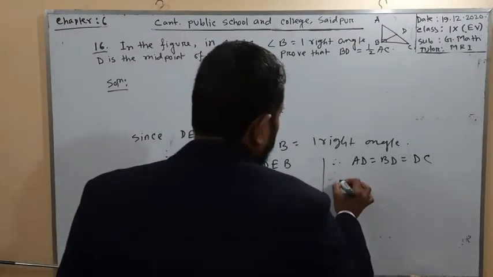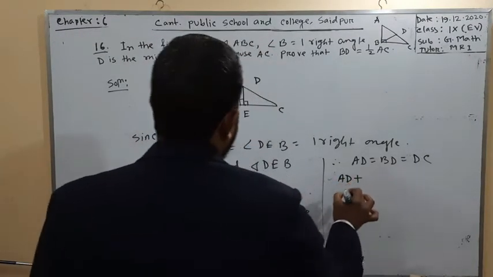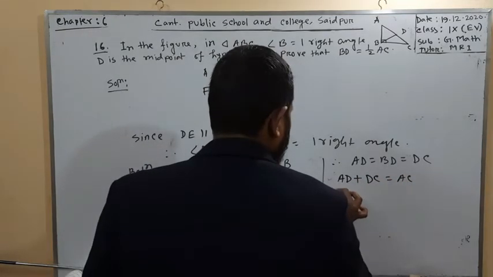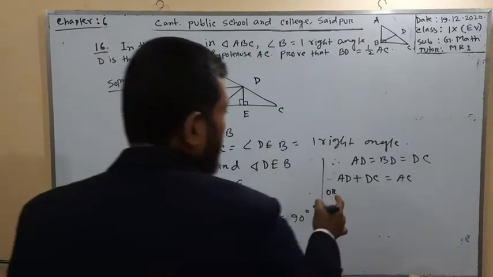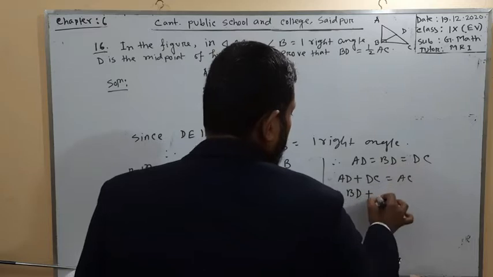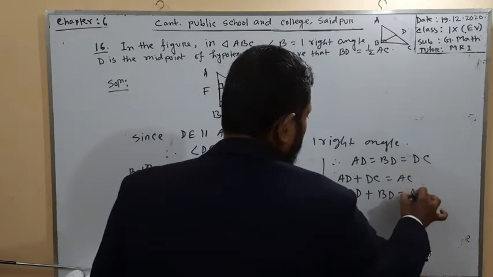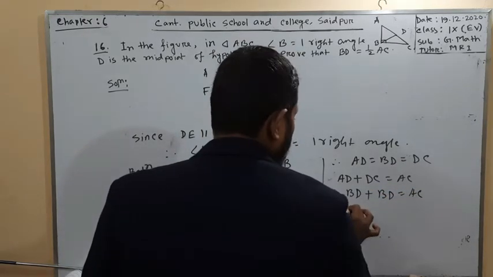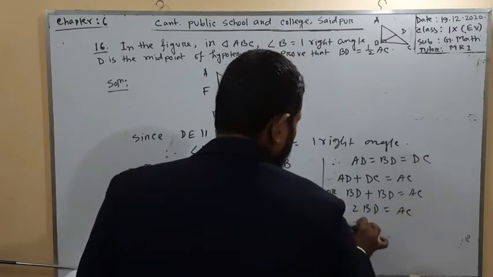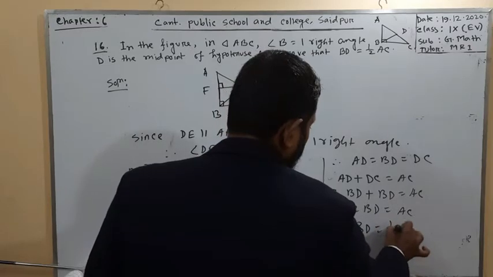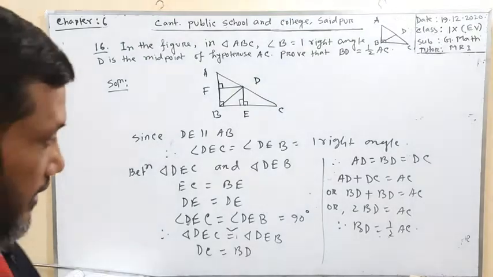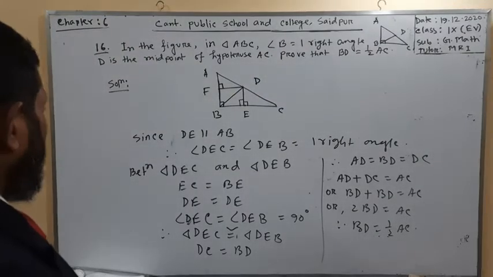We know AD plus DC is equal to AC. Here AD is equal to BD and DC is equal to BD, or 2BD is equal to AC. Therefore, BD is equal to half AC. The proof is completed. Here 16.